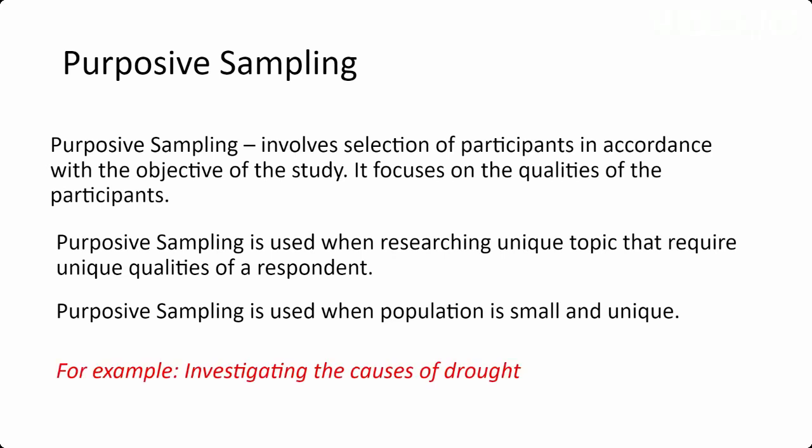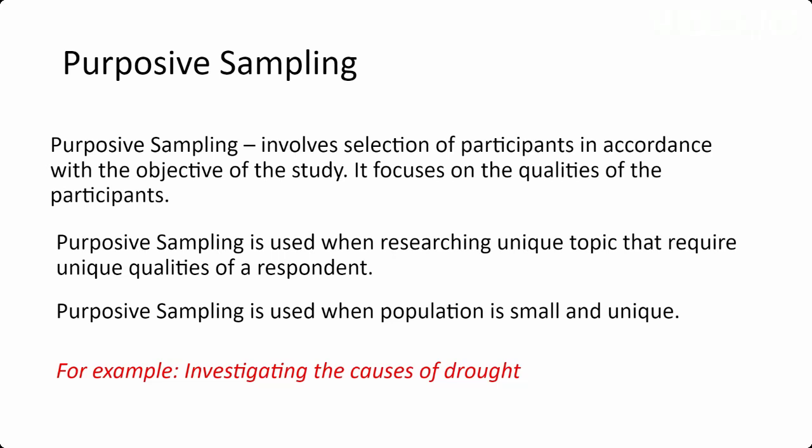An example of a purposive sampling is investigating for the causes of drought. This is not a common topic, of course, unlike what we did in the previous convenience sampling, where we picked a common topic like able to assess if we have adequate rainfall.